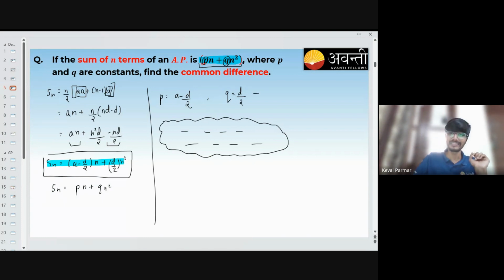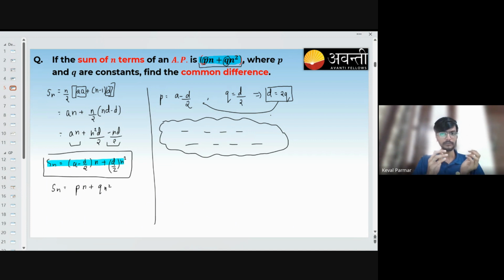So here I can write D is equals to 2Q and I can substitute D here. Okay, wait, we don't need to find the common difference, it is given. So D equals 2Q is the common difference, right? I can give the answer D equals 2Q. Why?